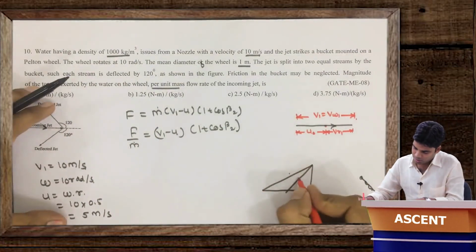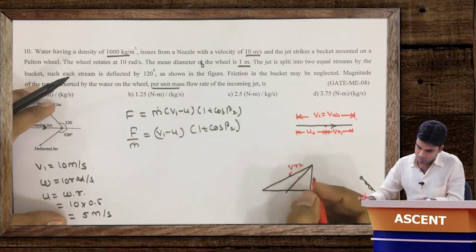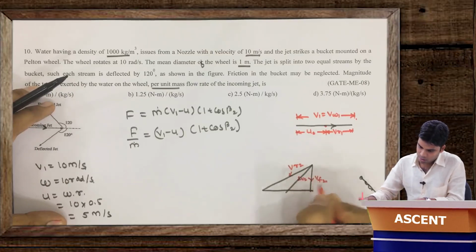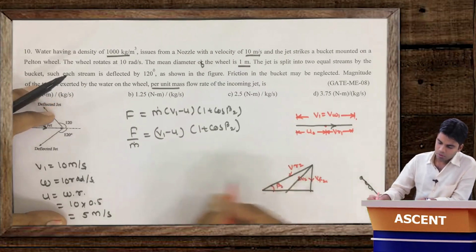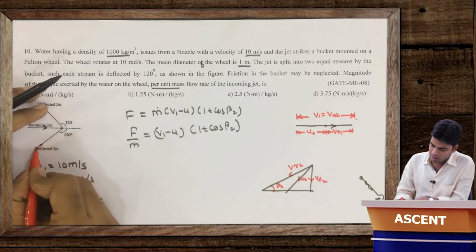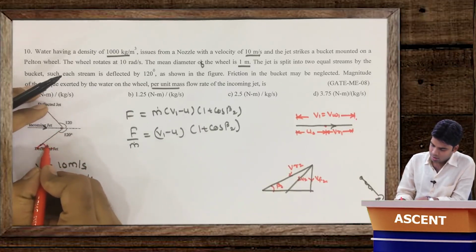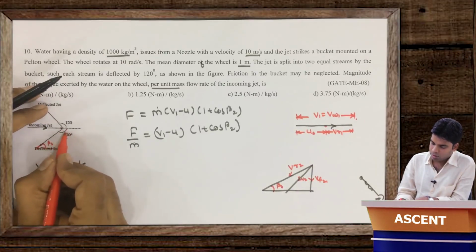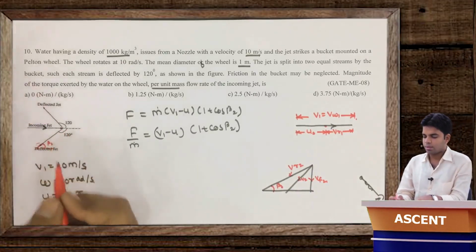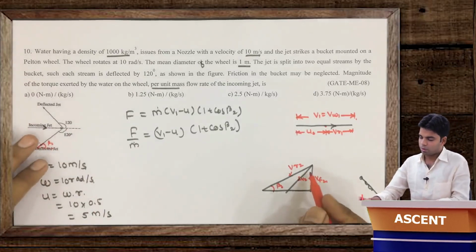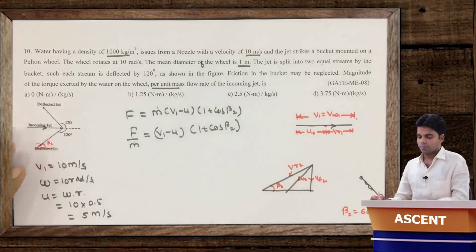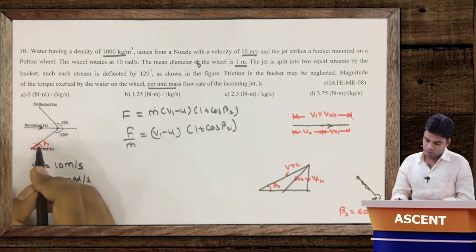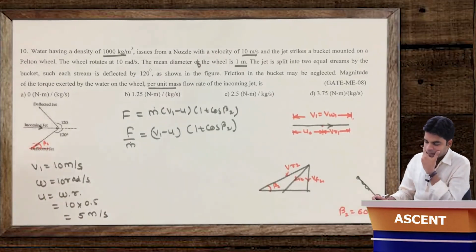So this will be VR2. Okay, this is V2 and this is VF2. Okay, now this angle is beta 2, and this beta 2 obviously will be equal to 180 minus 120, which is equal to 60 degree. Getting this? Okay, yes, this angle beta 2 is equal to 60 degree.